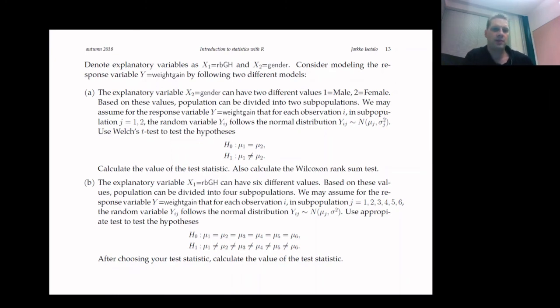We may assume that the response variable y for each subpopulation j, the random variable y_ij, follows the normal distribution like given here. And we should now use the Welch test to test the hypothesis, calculate the test statistic and also calculate the Wilcoxon's rank sum test. So let us do that first.